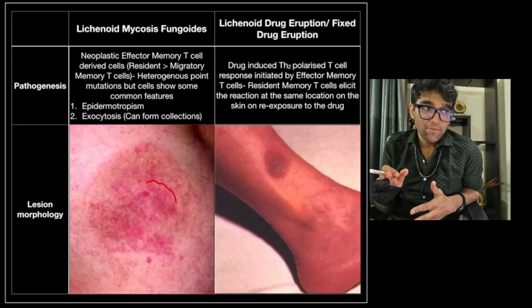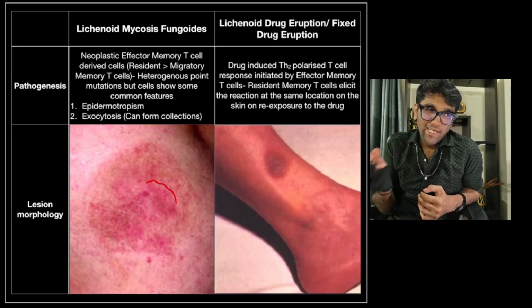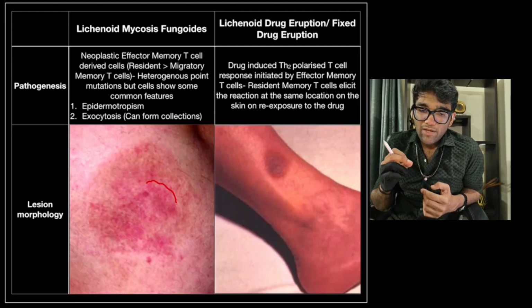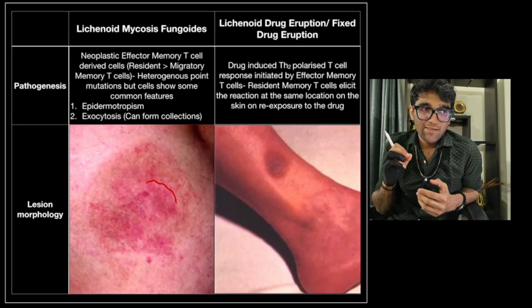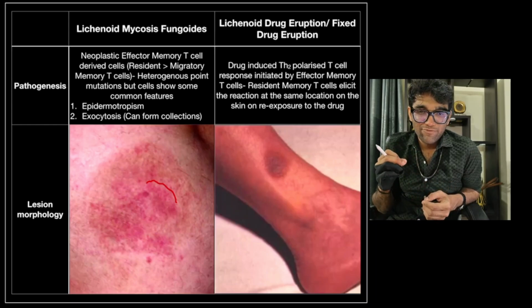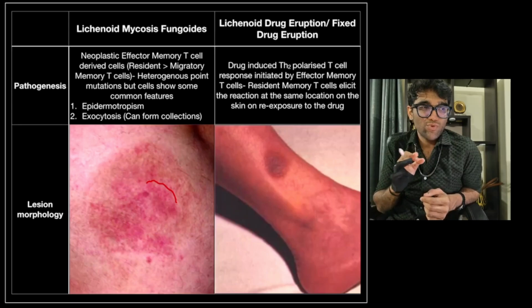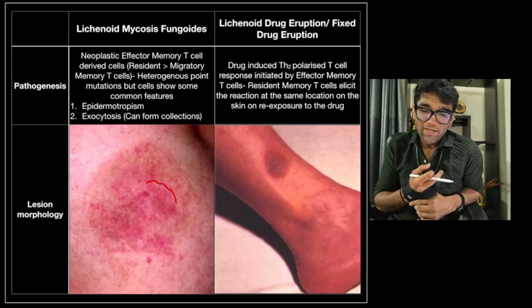Okay. So essentially in lichenoid mycosis fungoides, what happens is a neoplastic effector memory T cell clone. So we'll discuss what effector memory T cells are. That is derived from usually resident, sometimes migratory memory T cells, undergoes a point mutation resulting in a neoplastic conversion. Now mycosis fungoides is actually notorious for different tumors having very different mutational landscapes, and that is good in a way because then we don't have to remember all of them.